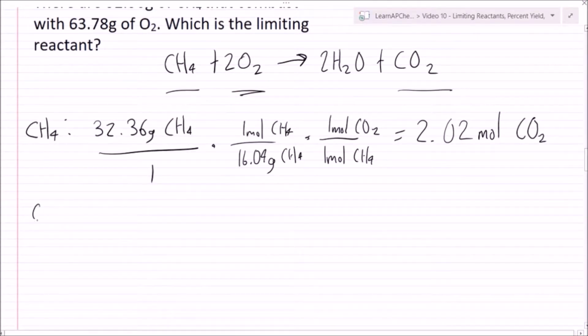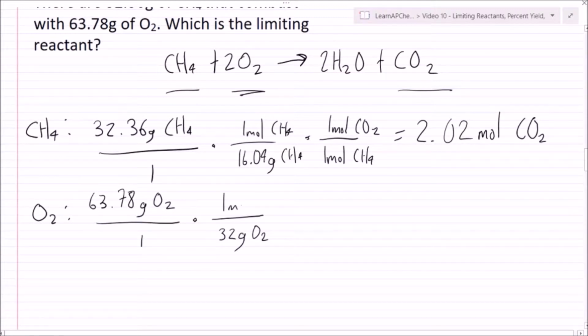And here, I'll do the same for oxygen, so I have 63.78 grams of O2. And now I'm pretending if all of this reacts, how much carbon dioxide is going to be produced. So my molar mass here is 32 grams per mole.